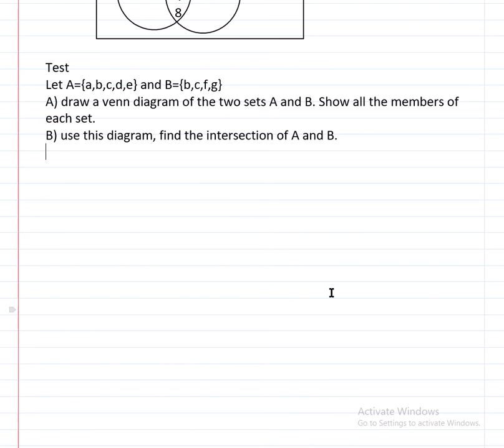Using this diagram, find the intersection of A and B.